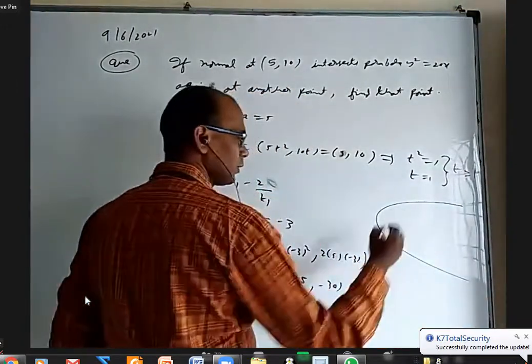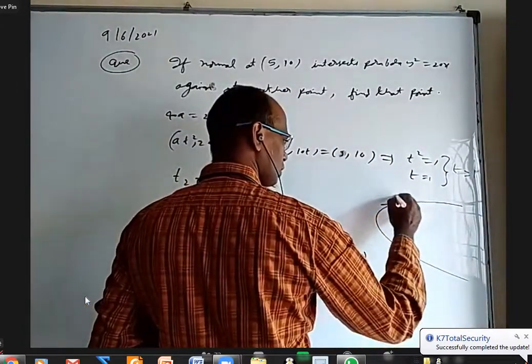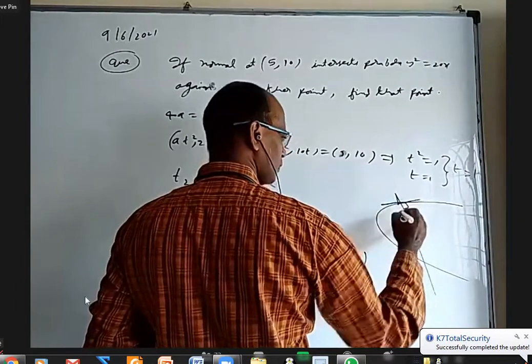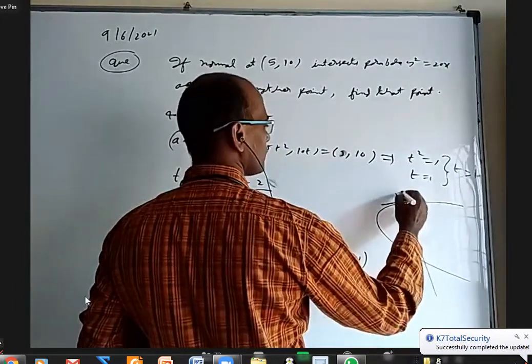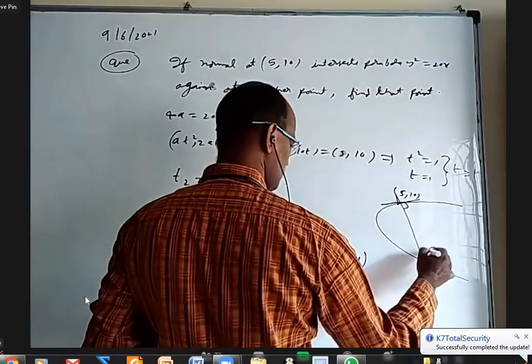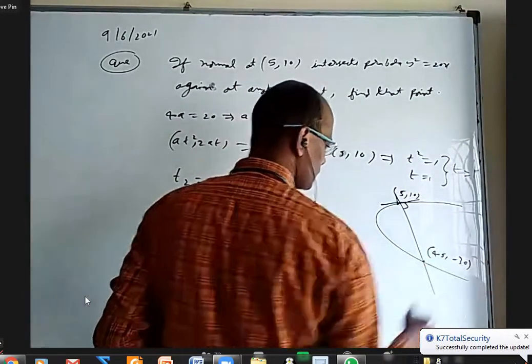Okay, so we have a parabola, we have a point, and we draw the normal there. So this is (5, 10). This point is (45, minus 30).